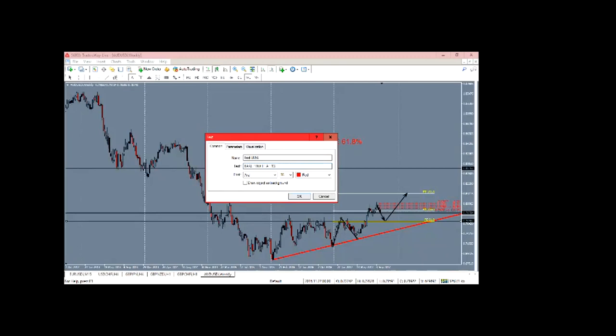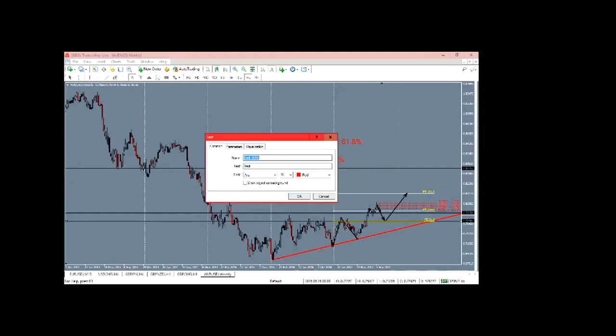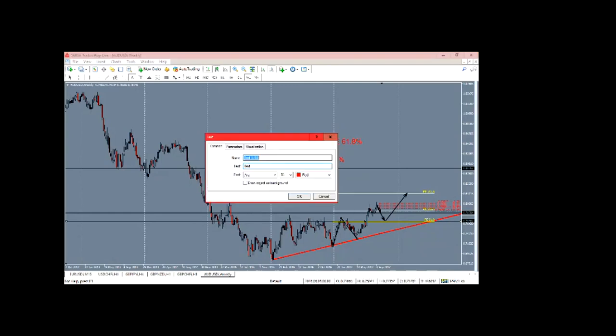Oops, that's 1.36. 1.618%. And that price is at 0.83093, for a total of 520 pips.